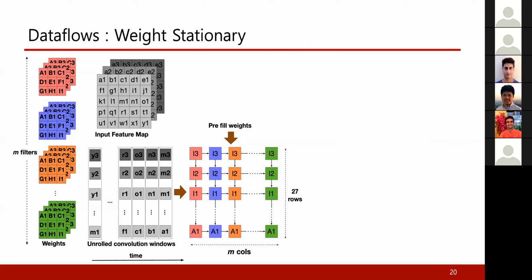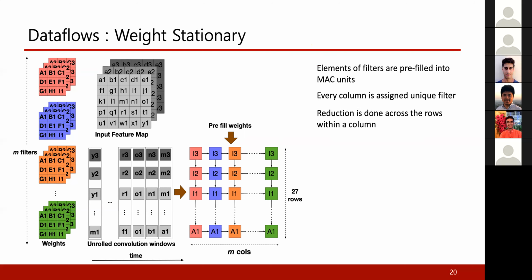So your array will have some sort of register or a latch to store these elements of the weight matrix. We put them in, and once the weight matrix is set, we stream the unrolled transpose convolution windows and generate the outputs. So in this case, the reduction is done along the rows within a column.